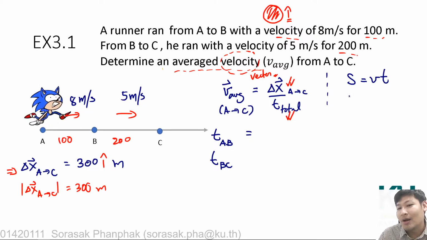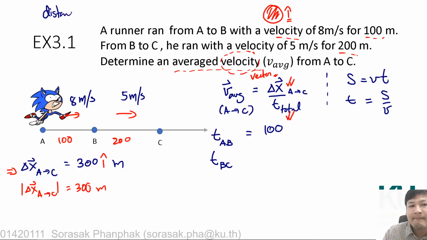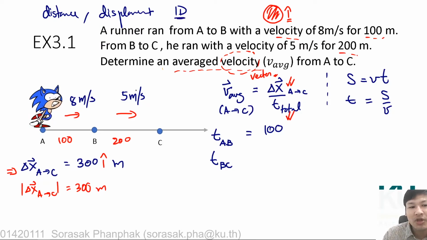So you can find t from S over V. In this case, distance and displacement overlap because it's in one dimension, but most of the values you observe here are displacements.